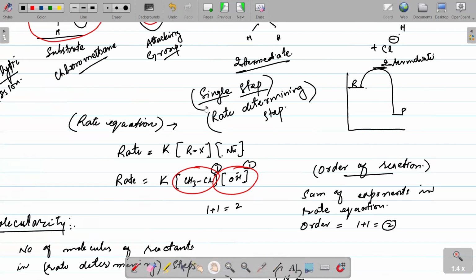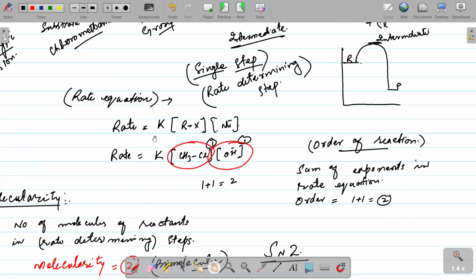Next, the rate equation, which is derived from experimental data. Rate is equal to k, where k is the rate constant, times the concentration of substrate raised to power 1 and the concentration of attacking group raised to power 1.